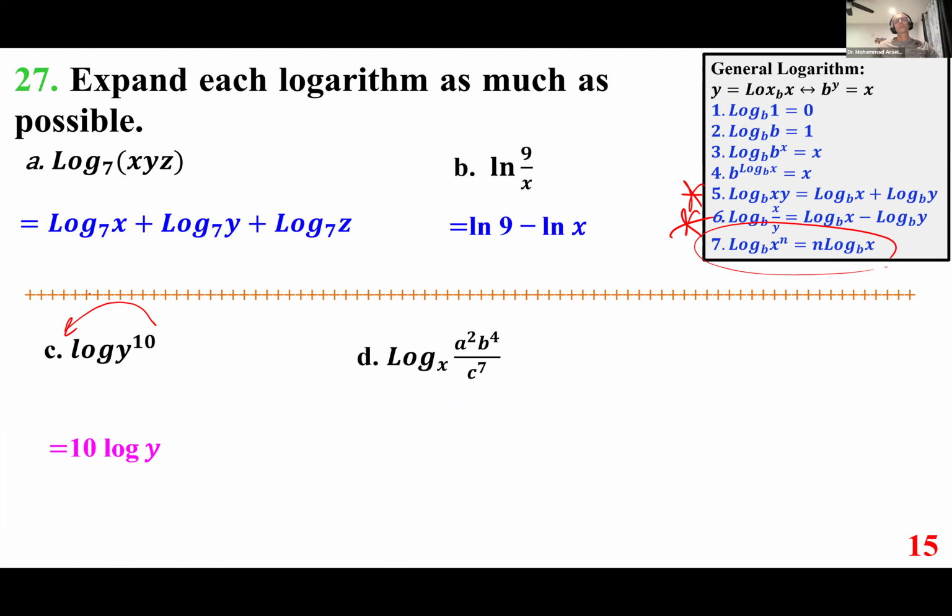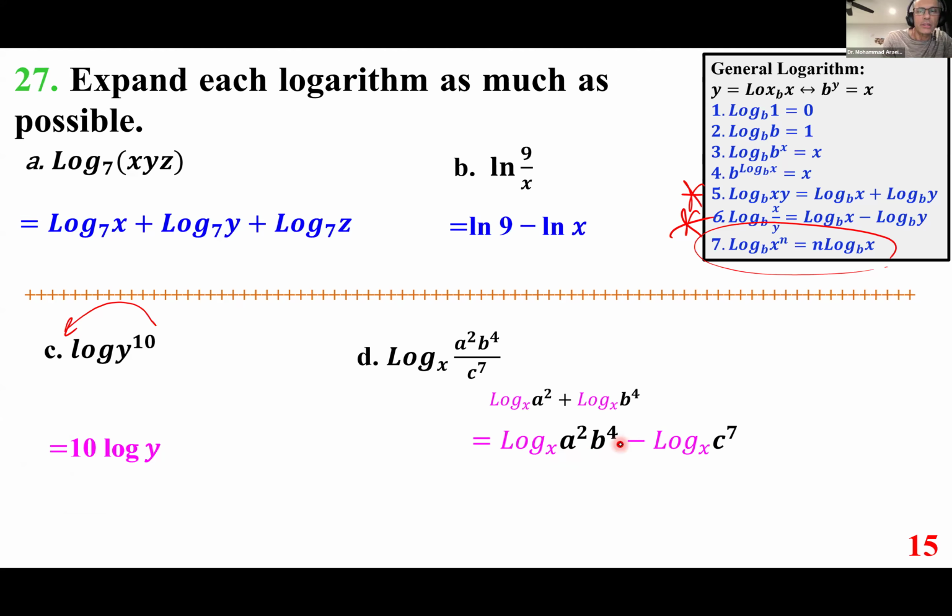Now, what about part D? We cut it into a few pieces, although it can be done in one shot. So log of the top minus log of the bottom, same base, which is x. Now, log of the top is log of a squared plus log of b to the power of 4, the same base again.